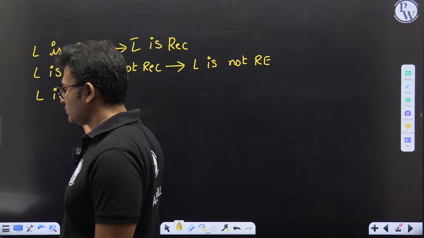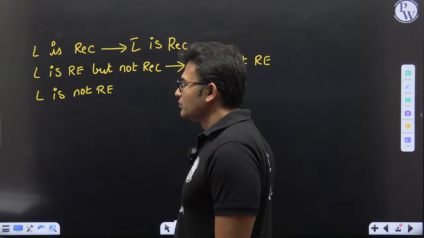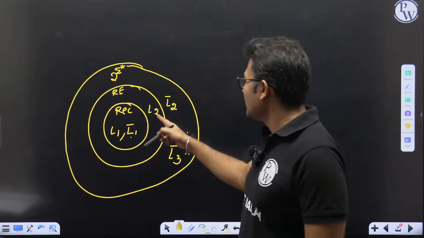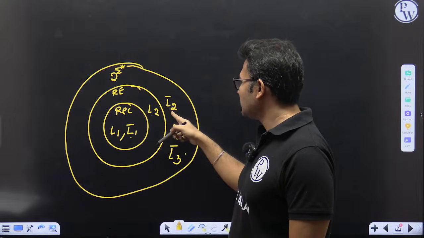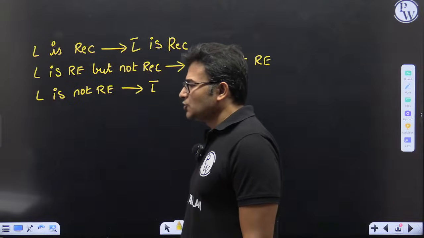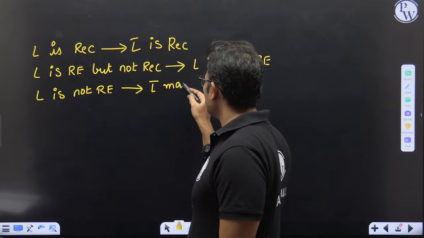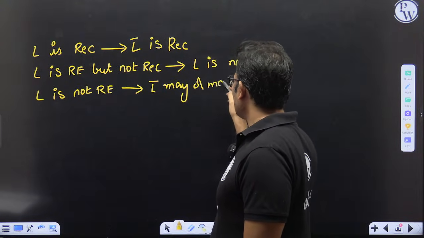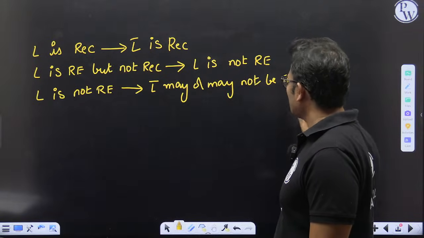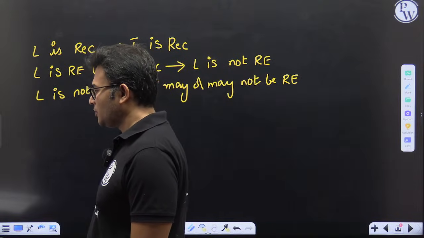L is not recursive. Now see this. L is not recursive, then it implies L complement may be recursive or L complement may not be recursive. So L is not recursive implies L complement may or may not be recursive, and L complement may or may not be recursively enumerable.